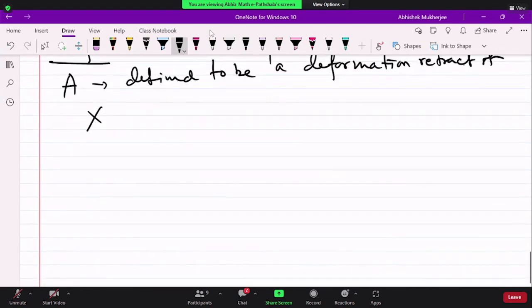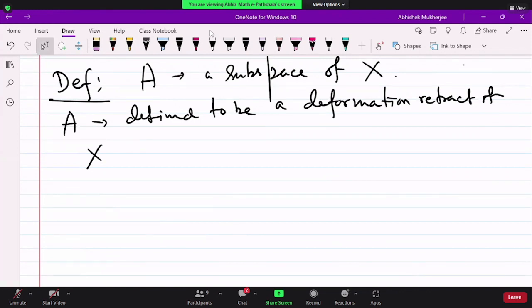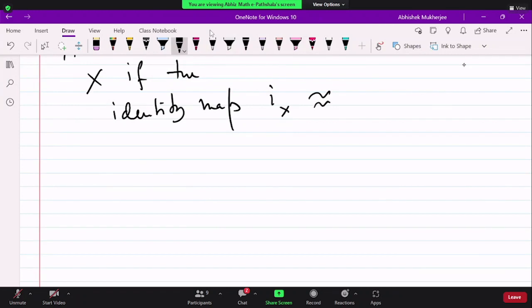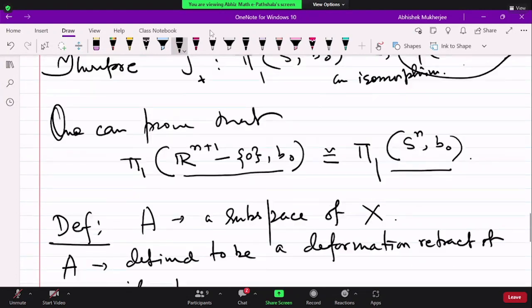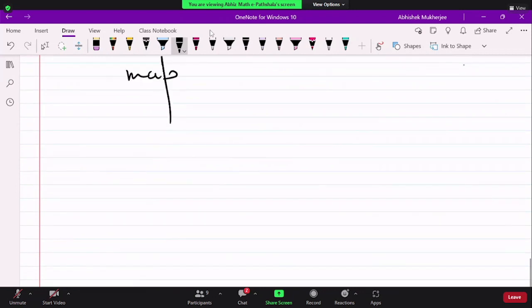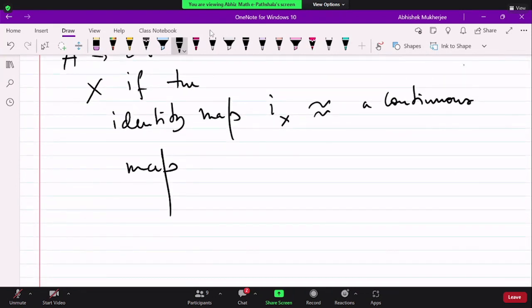So this identity map, let us call it IX, on X will be homotopic to a continuous map like that J compose R. We can think of this map as a continuous map that carries all of X into A, such that A remains fixed during the deformation pointwise.